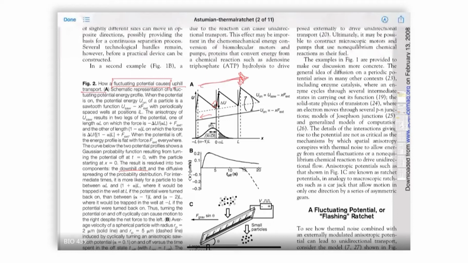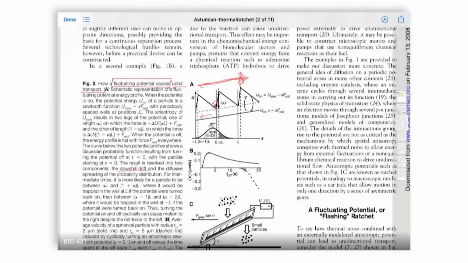Now, this is a little unusual. So, part of the trick, if you want to call it, in this flashing potential or fluctuating potential ratchet is that there are two states, on and off.